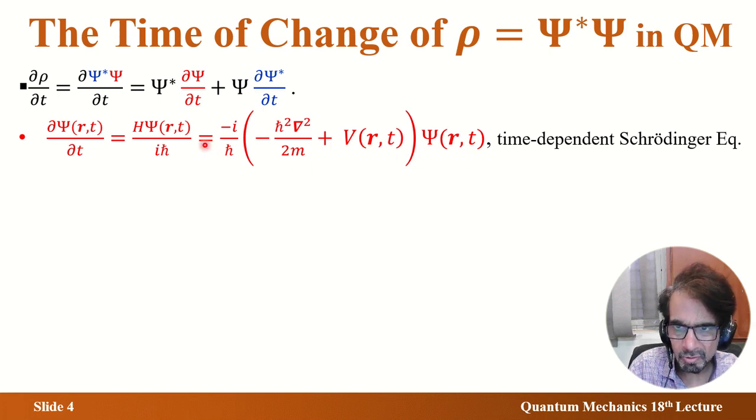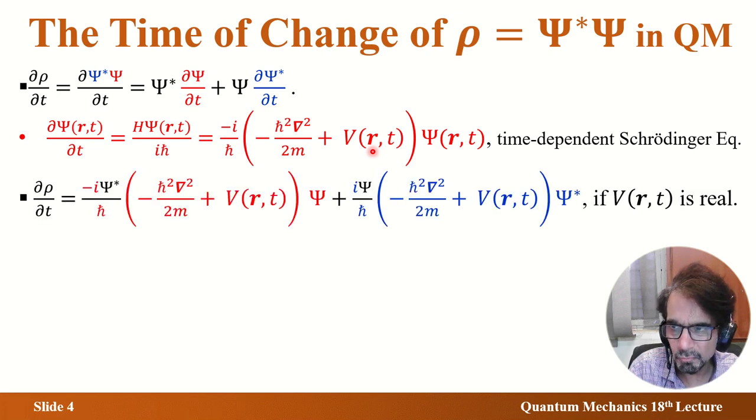Even if in the above, the red, you had the time dependent Schrodinger equation, whatever it is, you have to do the same: take the complex conjugate and that will give you this blue quantity.